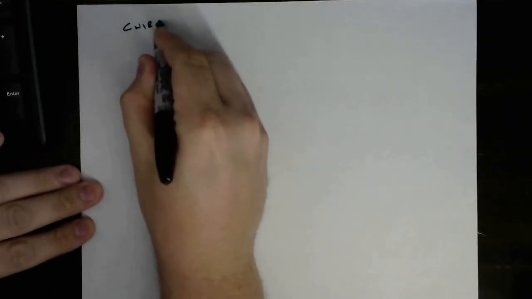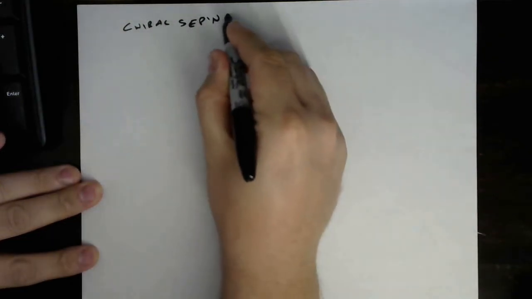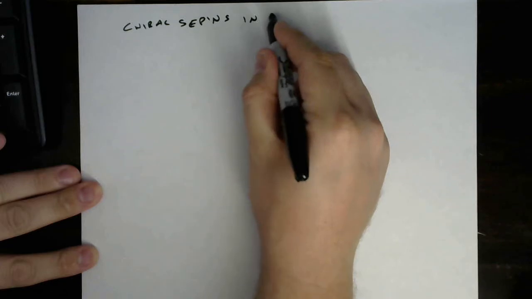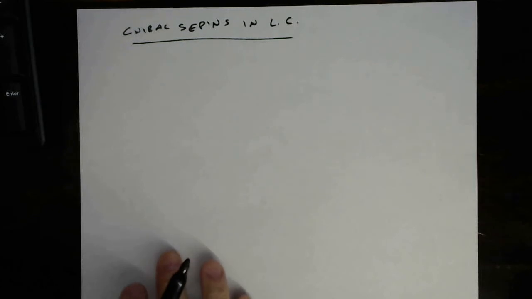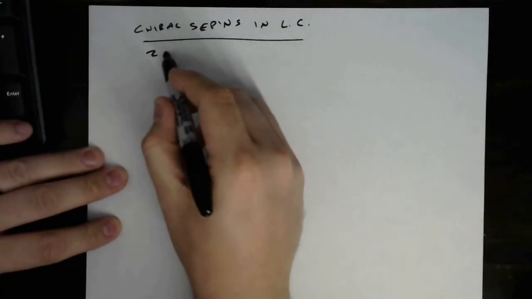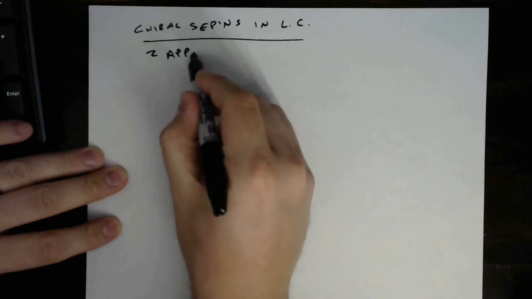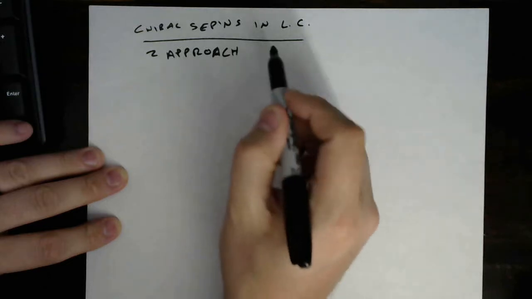Okay, so we are talking about chiral separations in liquid chromatography. And in general, there are essentially two approaches, two ways to separating molecules based on their chirality.